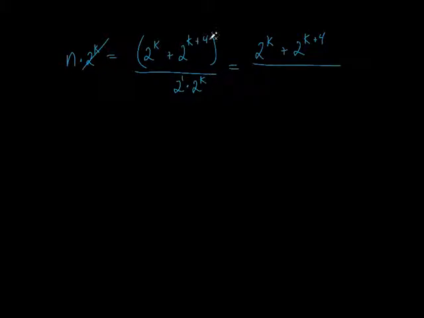What I want to do is make it look a little bit more like this one. So what I can do is it has the same base. What do you do when you multiply numbers with the same base? If I multiply numbers with the same base, you add the exponents. For instance, you've probably done this before, like x to the 3rd times x to the 5th. You keep the same base and you add the exponents, 3 plus 5.